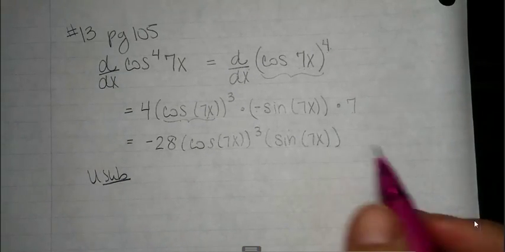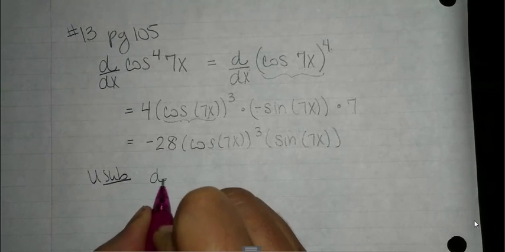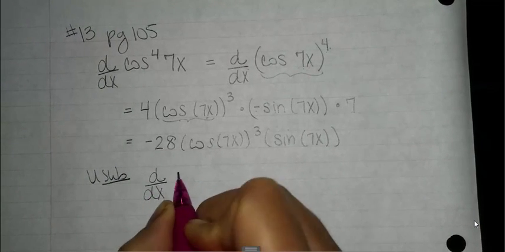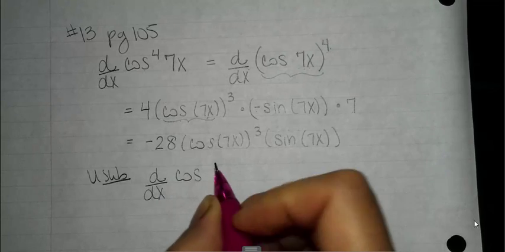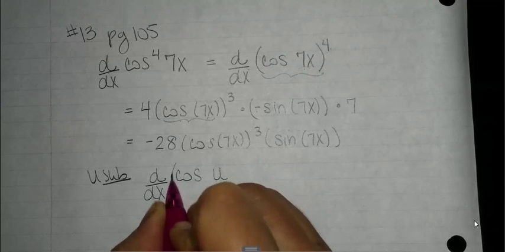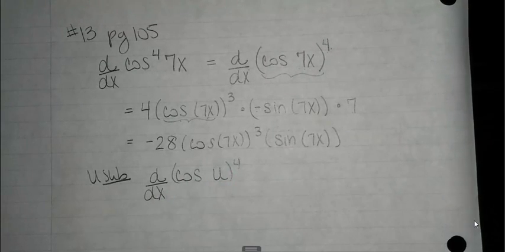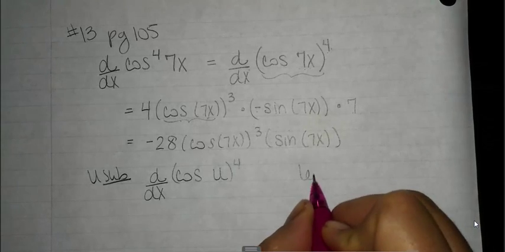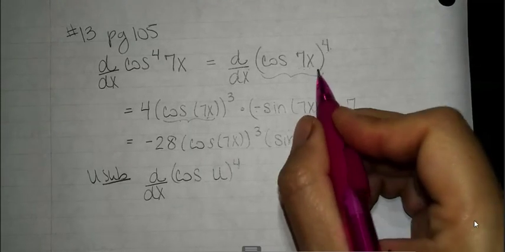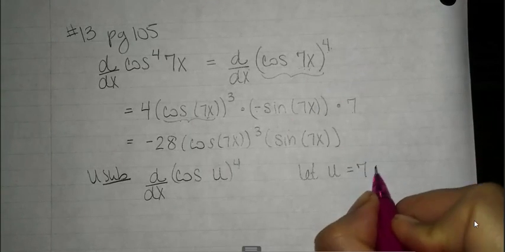All right, so let's say now that my function really is the derivative of cosine of u to the 4th power, okay? And I'm going to let u equal 7x.